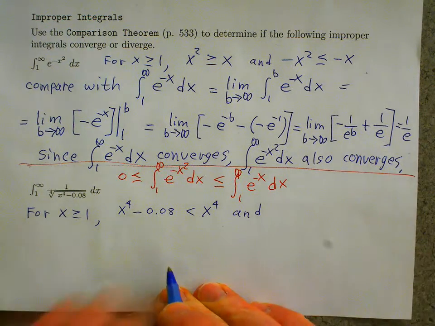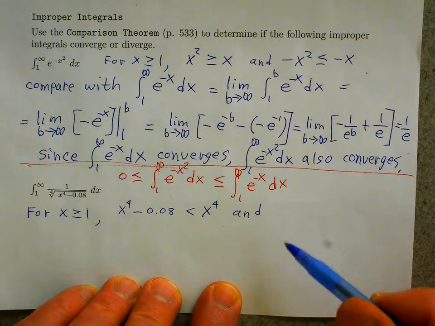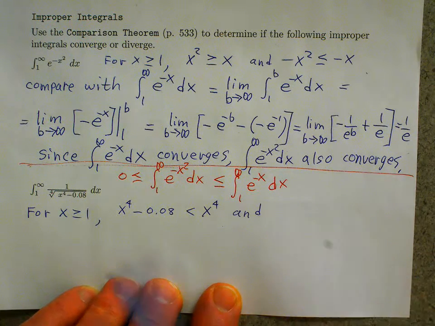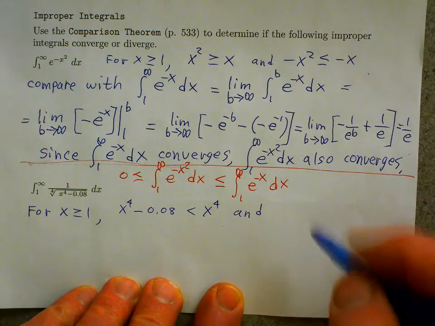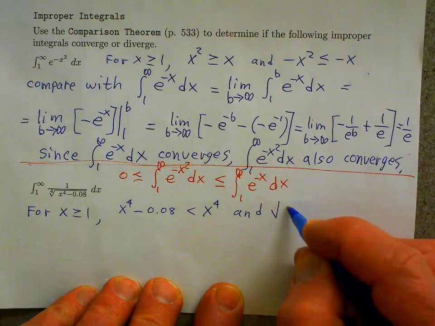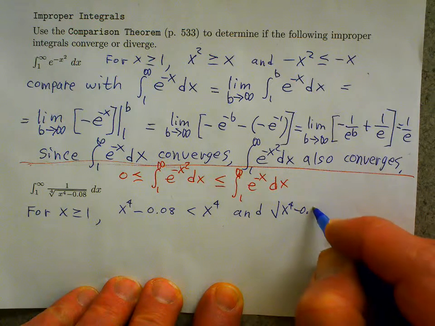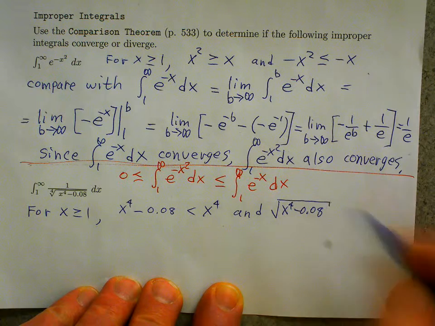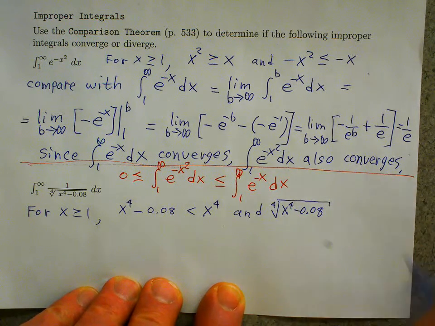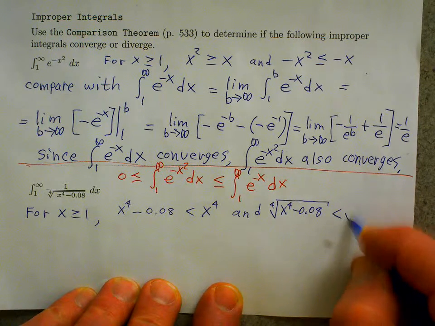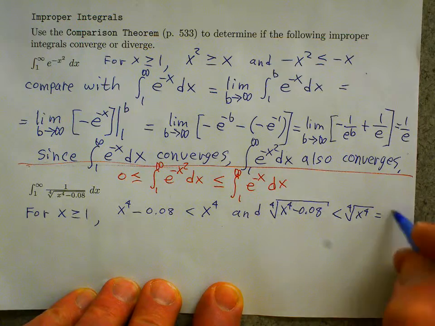So the root function is increasing for positive values of x. So the 4th root of the left-hand side, x to the 4th minus 0.08, is less than the 4th root of x to the 4th, which simplifies to x.